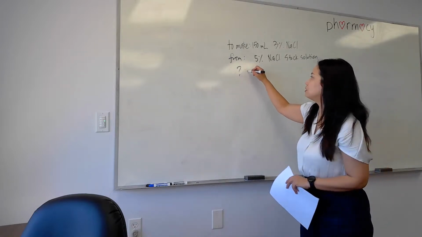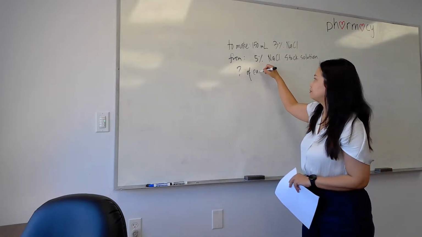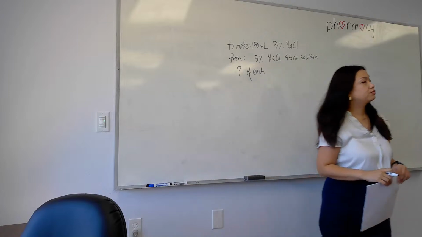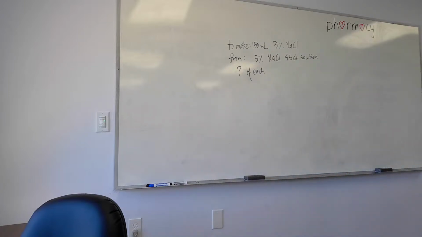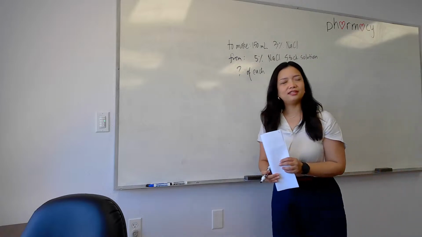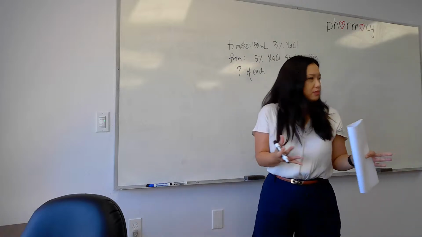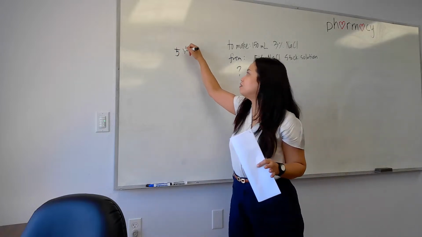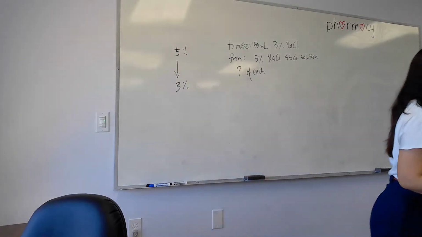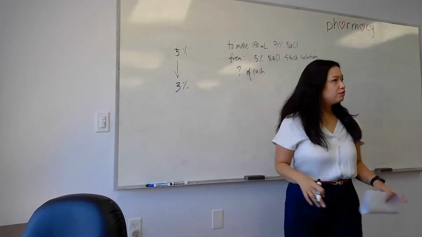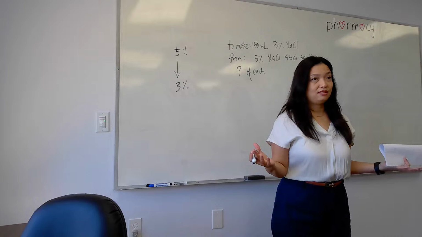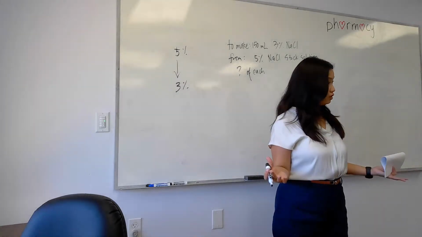So the question was how much of each. You analyze the problem. This tells me that I have to make something from 5% to a 3%. So what type of problem is this? Dilution.